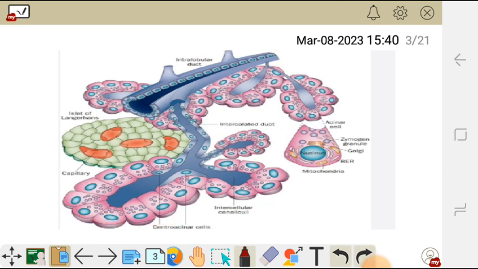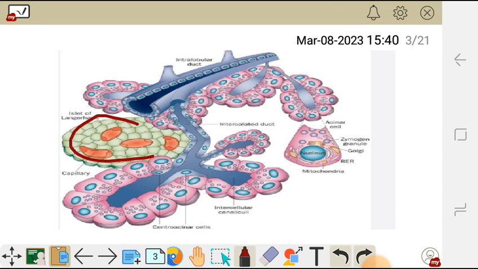As you can see in this diagram here, this is the main pancreatic duct, and the main pancreatic duct has what we call the intercalated ducts, which lead to the acini cells, or the exocrine portion of the pancreas. So the exocrine portion secretes its content in the intercalated duct, and the portion is called the acini, or the acinus if it is singular.